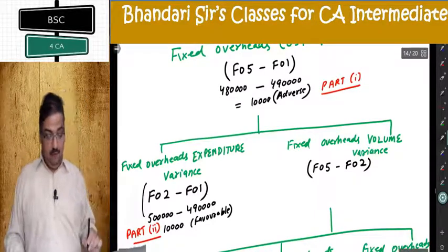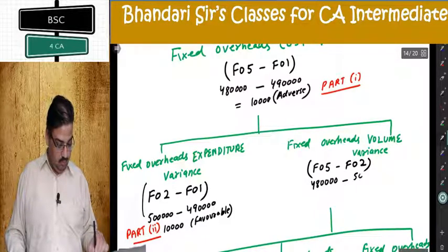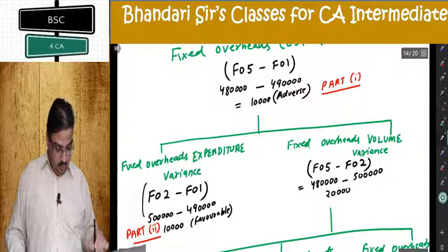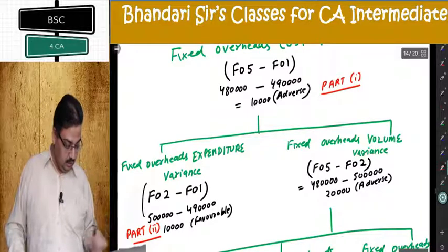Then FO5 minus FO2, 4,80,000 minus 5 lakh, 20,000 adverse. Volume variance. This is part 3.